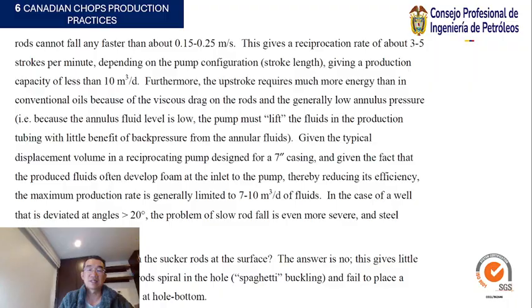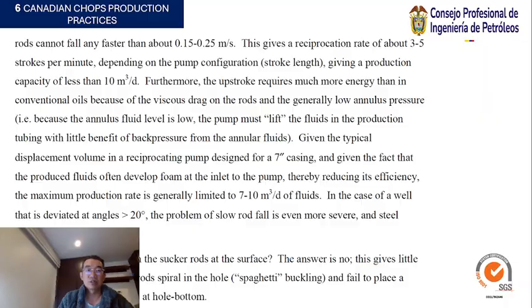capacity of less than 10 barrels per day. Furthermore, the upstroke requires much more energy than in conventional oil because of the viscous drag on the rod and the generally low annular pressure.